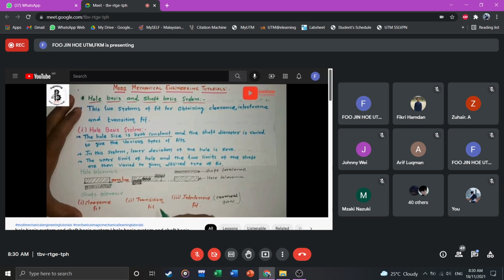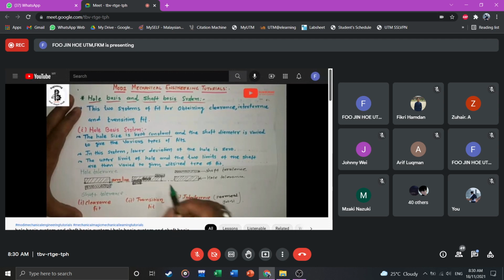Now for the third case, according to the definition, the hole size is kept constant, in the same position. That will be the hole tolerance, and on the upper side, the shaft tolerance. So the hole tolerance is on the lower side and the shaft tolerance on the upper side. It will always make an interference zone, so that will be called an interference fit.